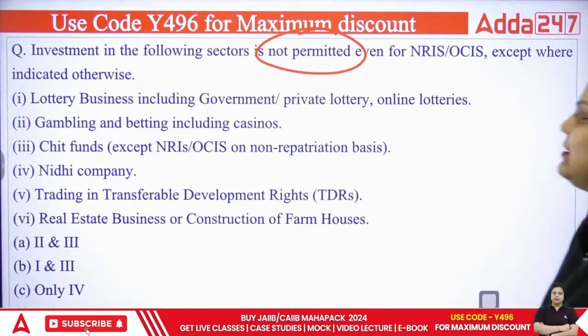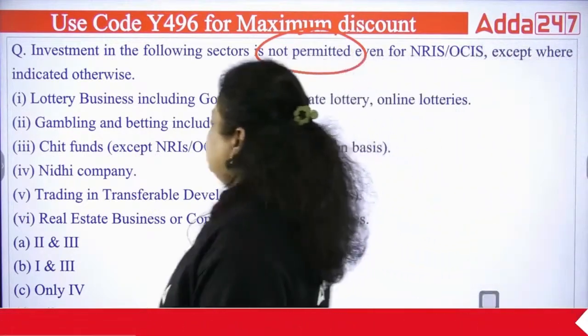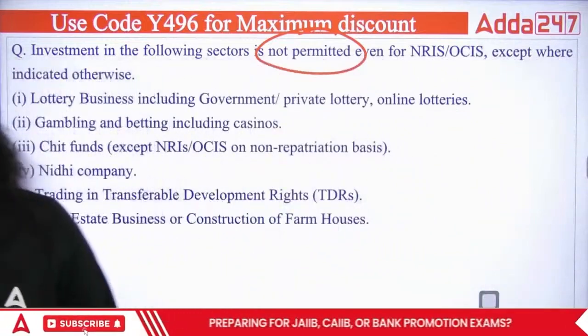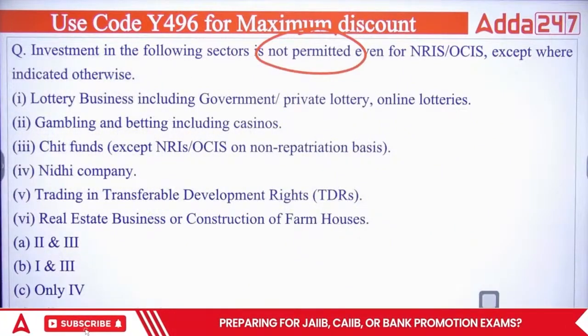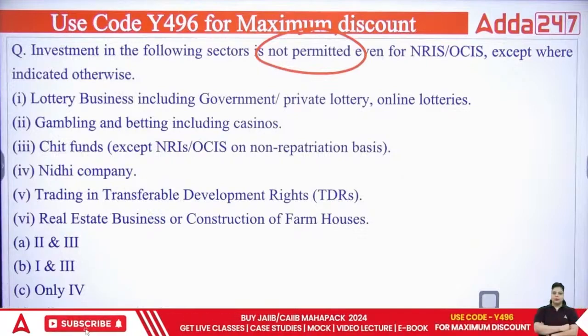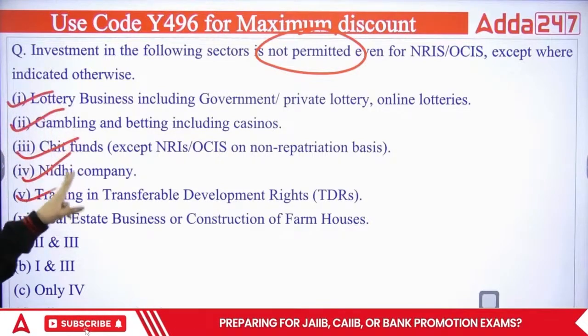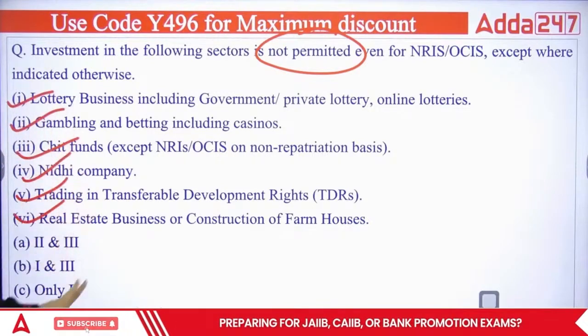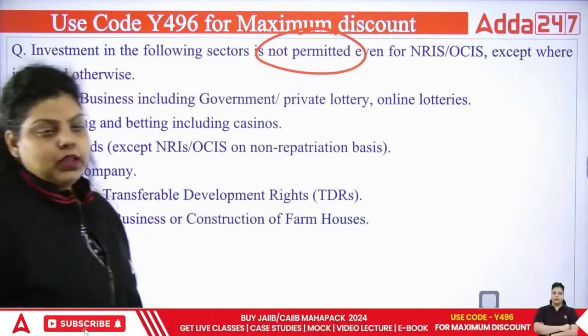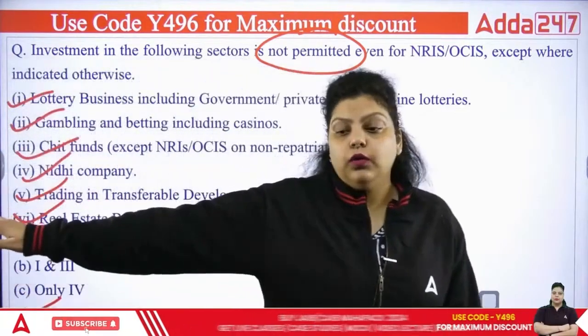So it's very obvious: gambling, lottery business, the chit fund, the Nidhi companies, the trading in transferable development rights, the real estate business or construction of farmhouse. These all are the kind of activities which are prohibited for foreign investment. So the right answer will be all of the above.